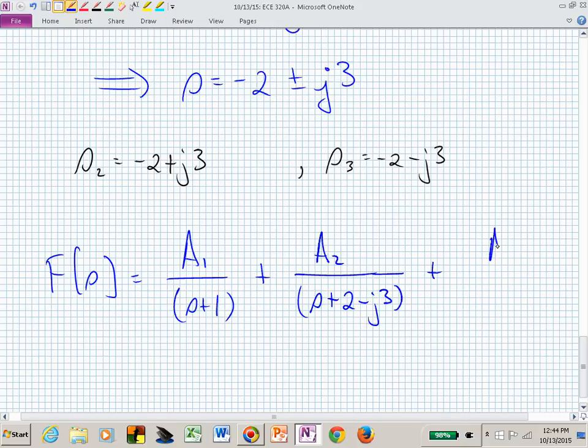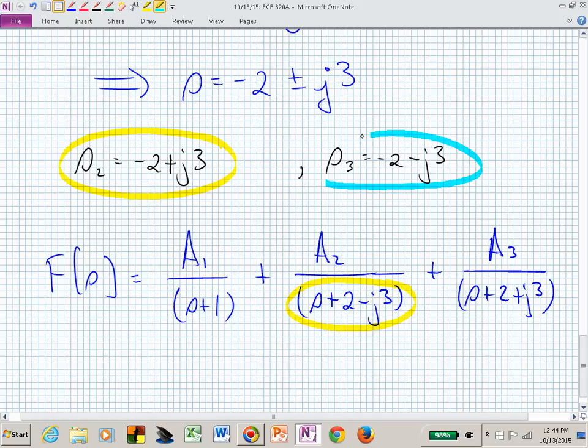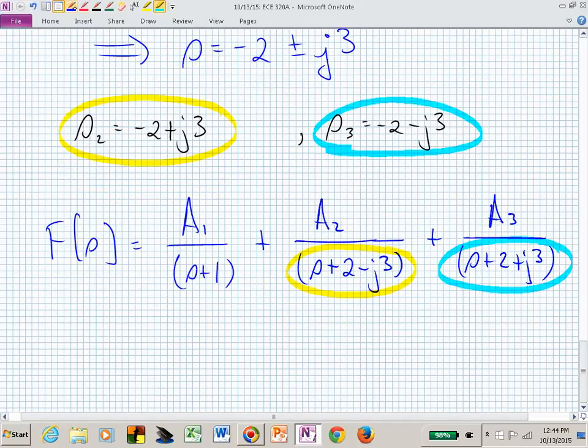And now we have A sub 3 over s plus 2 plus j3. What I was trying to say is this one corresponds to that, and this one corresponds to that. It's easy to get those confused because you're matching up two pieces that don't quite look the same, but they are the values that we want.